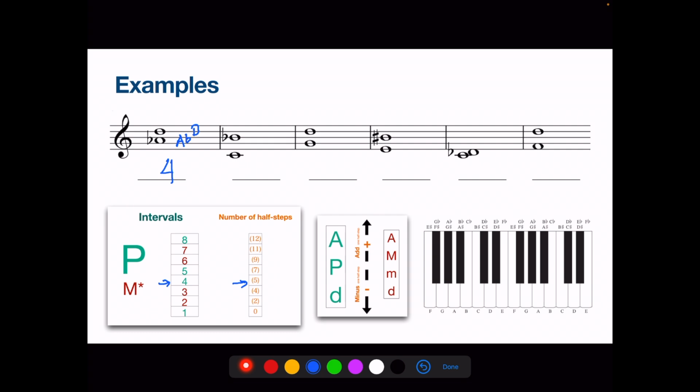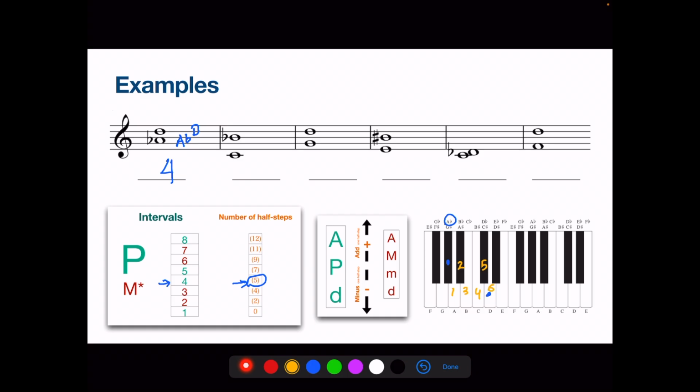So we can go from A flat, which is here, and then D. And let's see if we have 5 half steps in between. Because if we do, then we can say, hey, this is a perfect fourth. But we might not have that. So from A flat, let's count. We have 1, 2, 3, 4, 5. Oh no, 6. What does that mean?